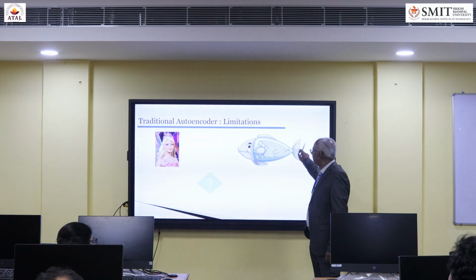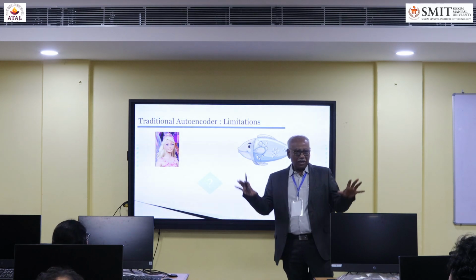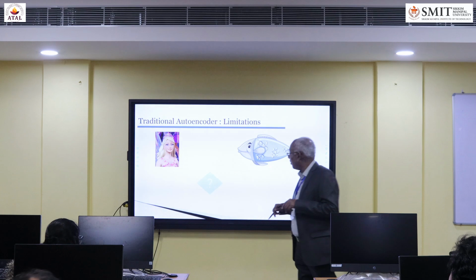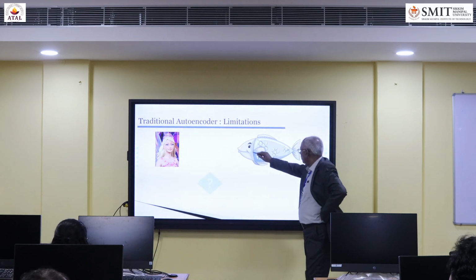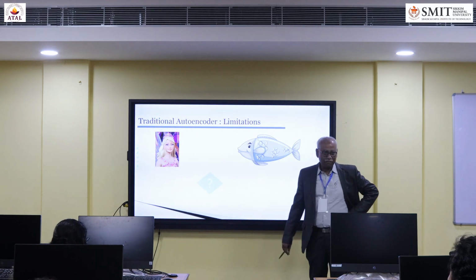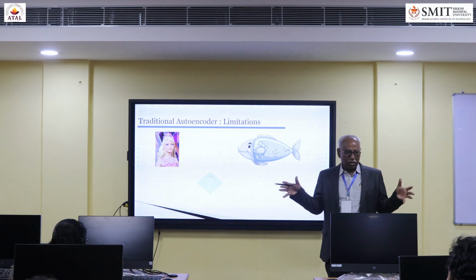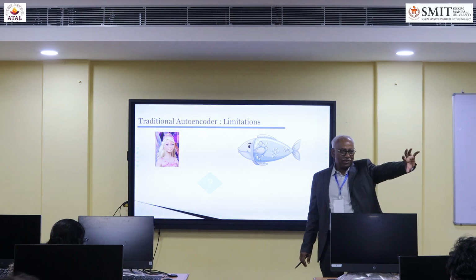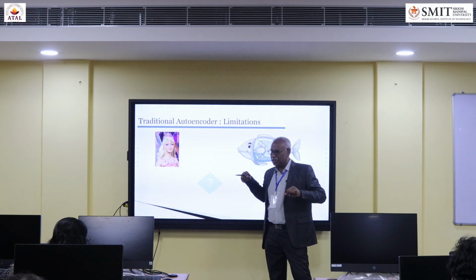So what I want is, suppose I have two different domains. Say one domain is a domain of Barbie dolls, another domain is a domain of fish. When you train your autoencoder model, it generates one feature space for Barbie dolls and another feature space for the fish.